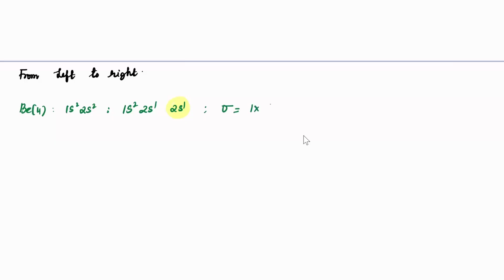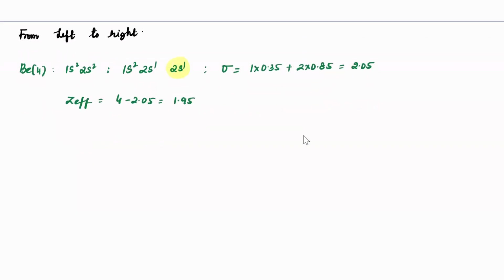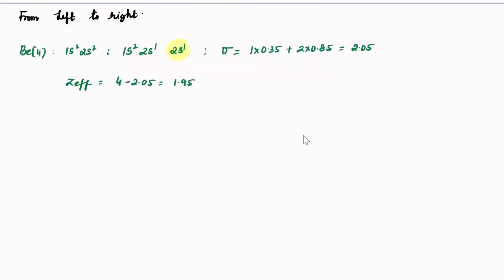One electron will contribute around 0.35 units, because 2s is in the same shell as this outermost electron, and two electrons in n minus 1 contribute 0.85 each. Now this is coming out to be 2.05. So therefore the Z effective value will be equal to 4 minus 2.05, which is 1.95.